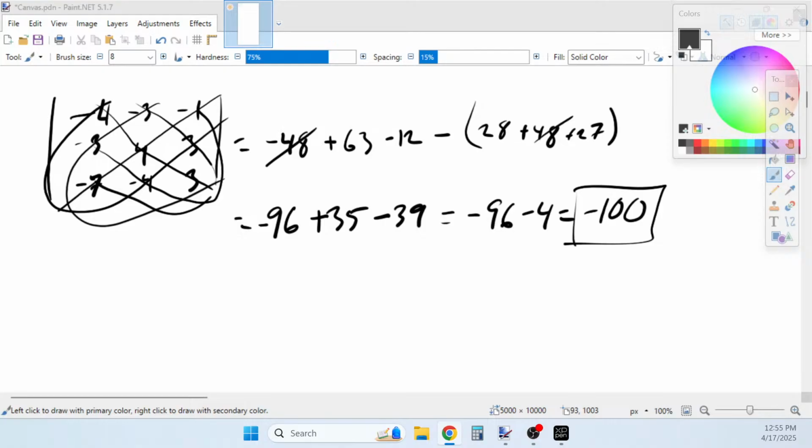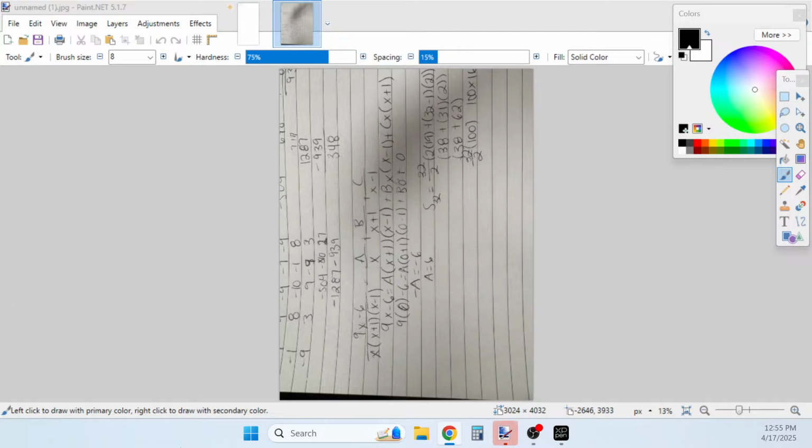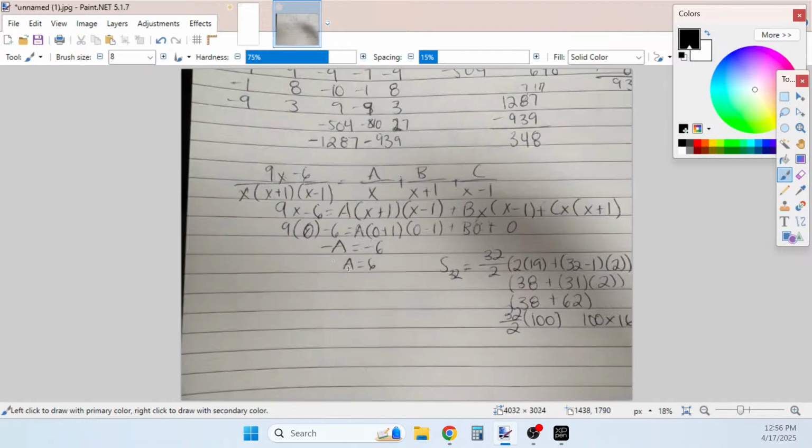Next question was, I have this problem. Okay, so I have this partial fraction problem.